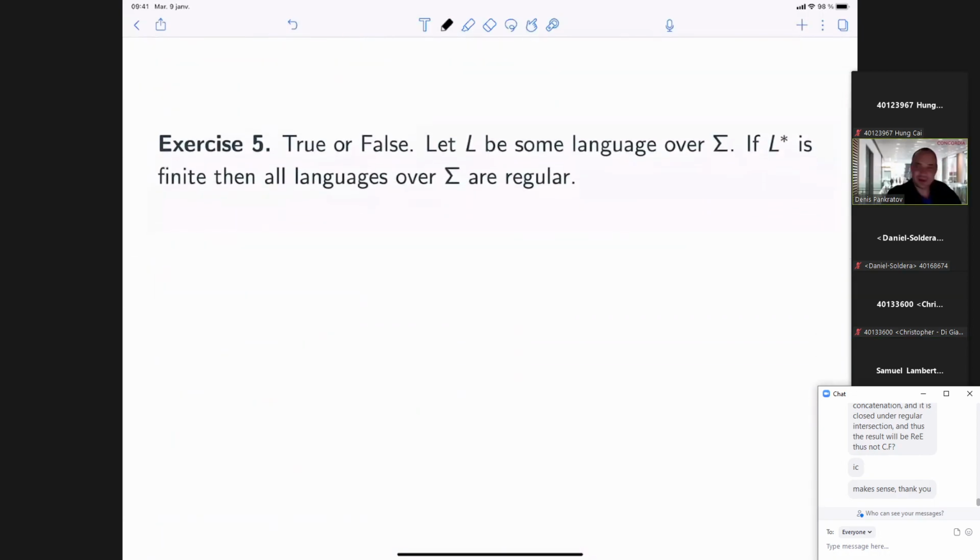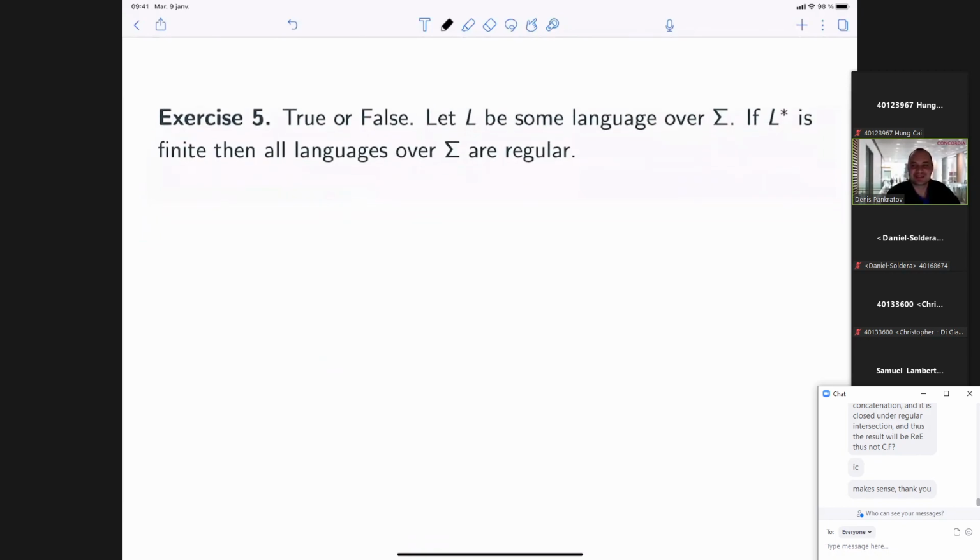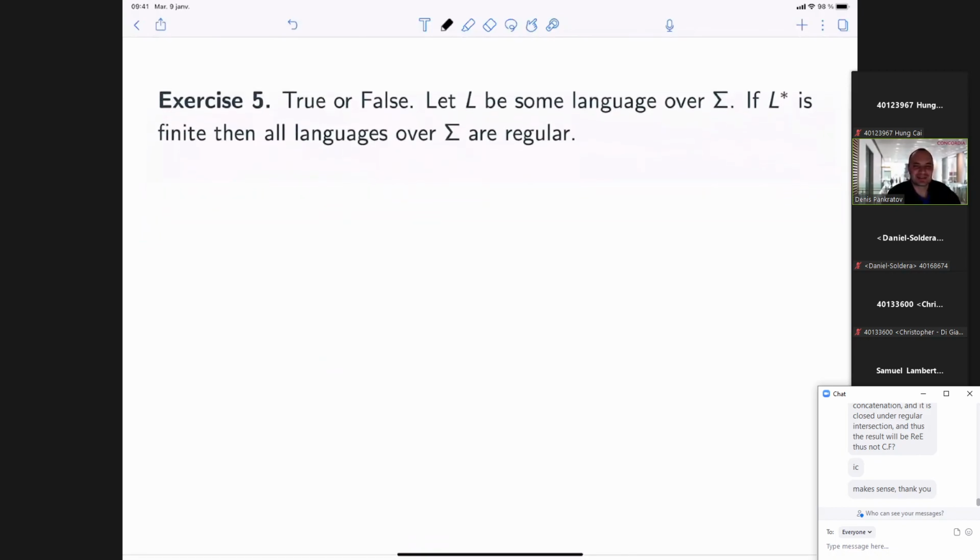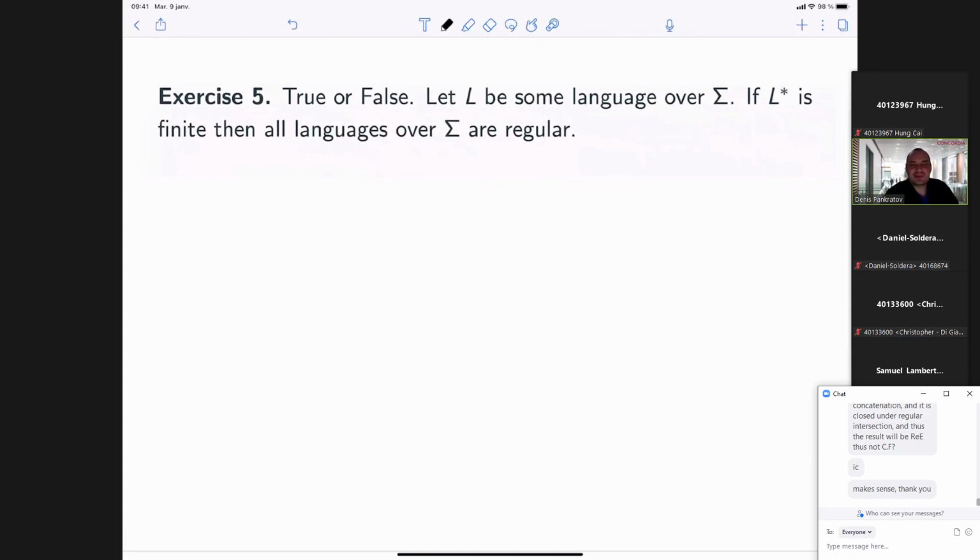All right, we jump to exercise 5 because I took some random exercises from different places. True or false? Let L be some language over sigma. If L star is finite, then all languages over sigma are regular. And this is a good demonstration of the principle which I was explaining before. Remember the corner cases when you talk about closure properties. And this is a closure property question.